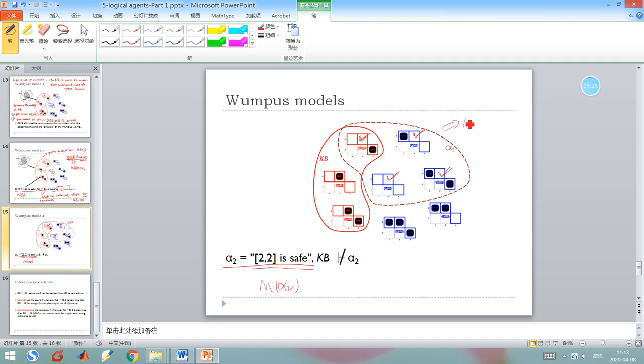This corresponds to the models of alpha 2, denoted by this red dotted line. Now we can find the models of the KB are not a subset of the models of alpha 2. So we cannot conclude alpha 2; the KB doesn't entail alpha 2.